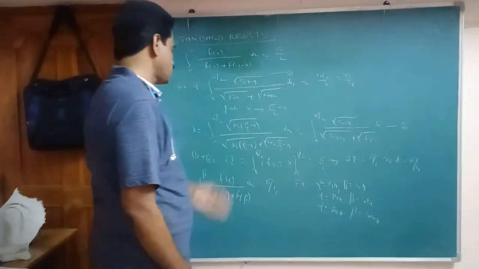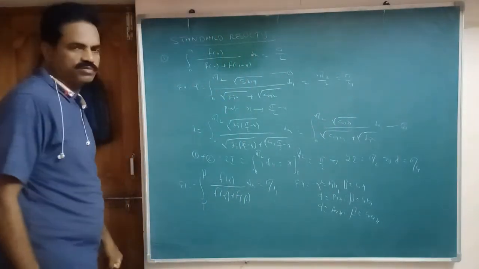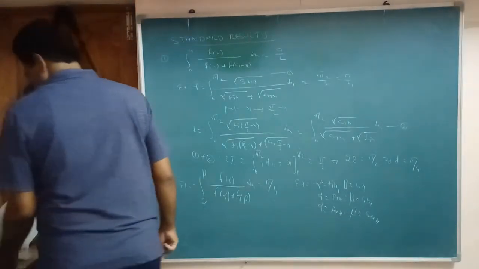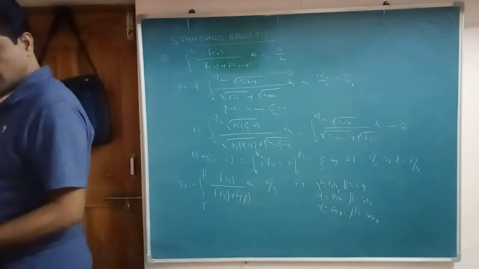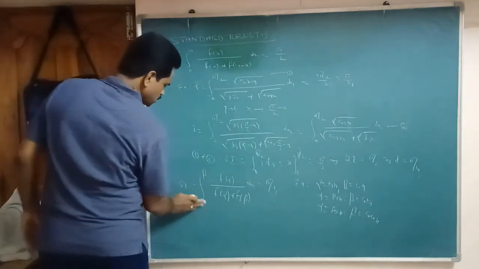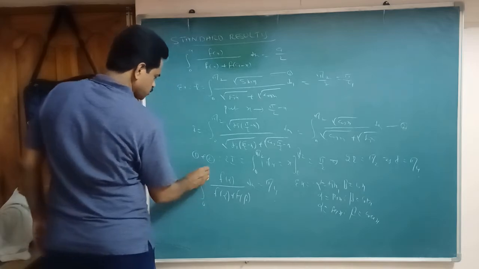Then these all values are how much here? pi by 4. It's 0 to pi by 2, this one.